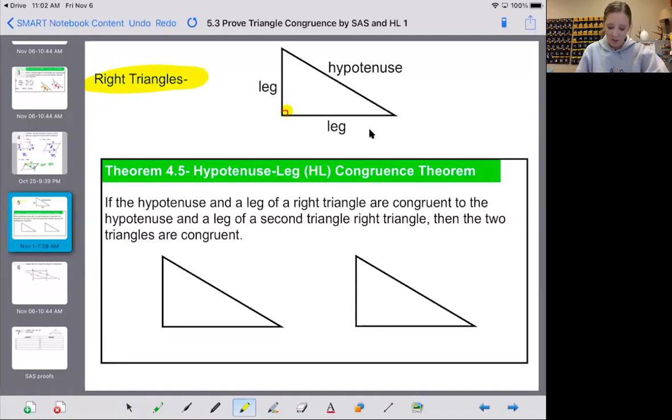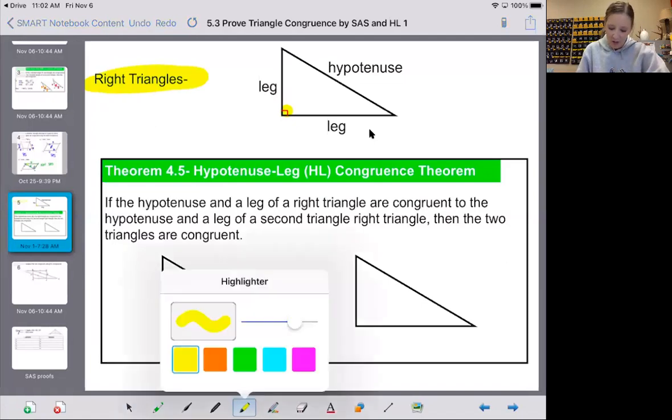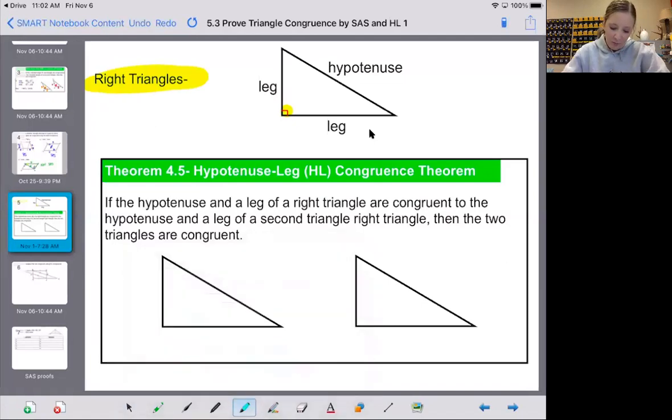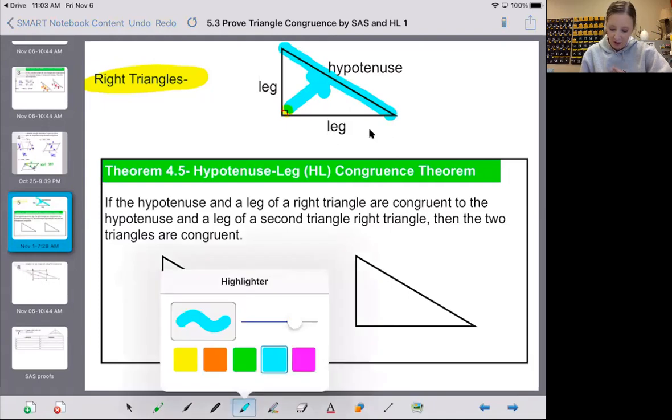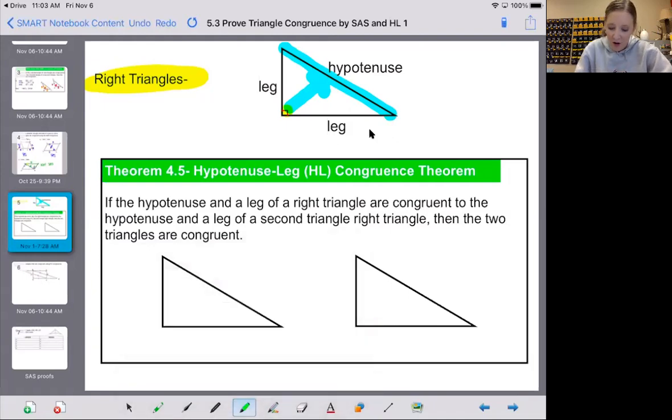Now the hypotenuse is located directly across from the right angle. So the hypotenuse in this triangle is right here. The hypotenuse is always the longest side, and it is always located directly across from the right angle. And then the other two sides that are not the hypotenuse are the legs.